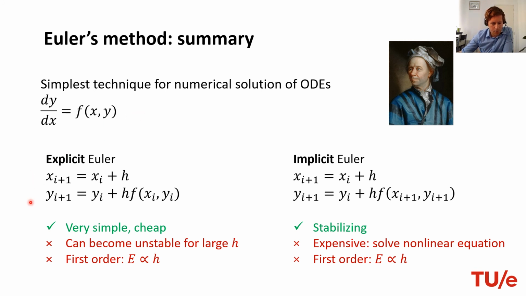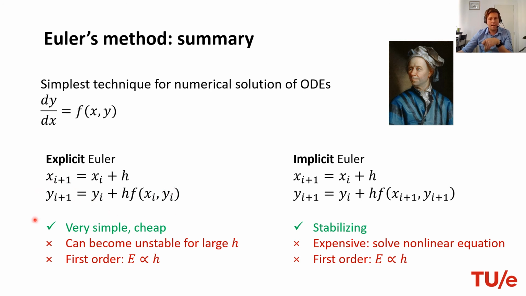And in explicit Euler, what we do is we partition the x-axis, and then we compute in every step the numerical solution based on the previous numerical solution plus the width of the interval multiplied with the slope, or the direction field, evaluated at the previous solution. This means that it is a very simple and cheap method. We can explicitly compute the solution at step i plus 1 from the solution at step i.